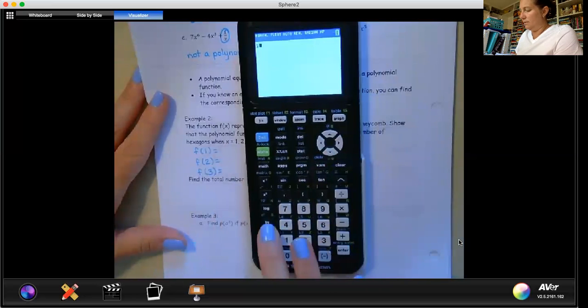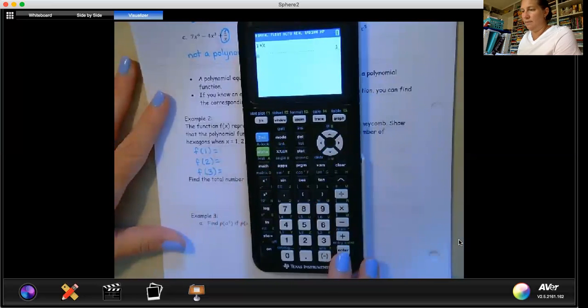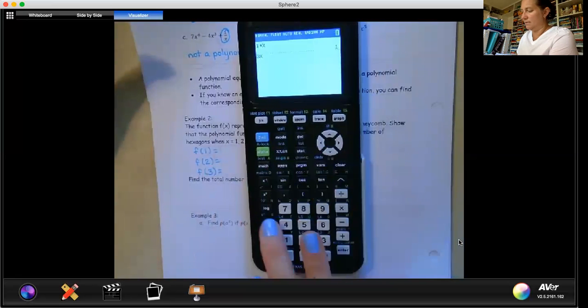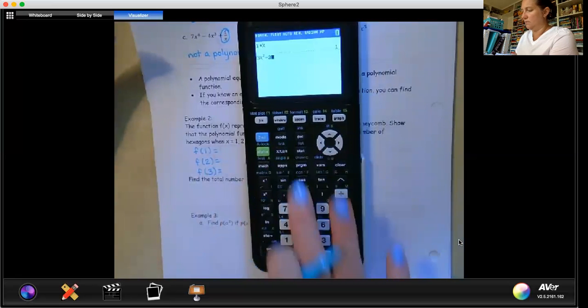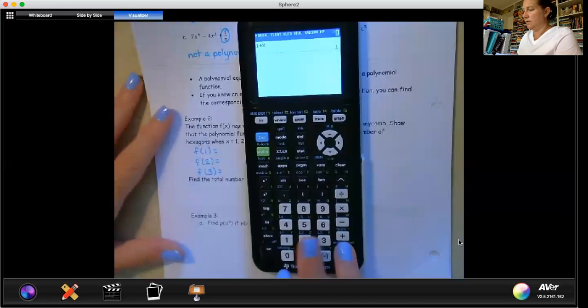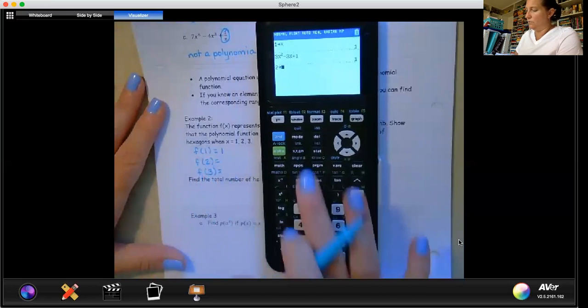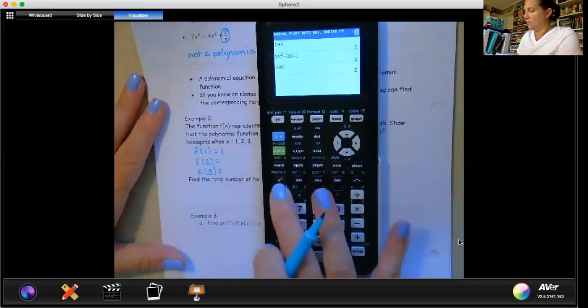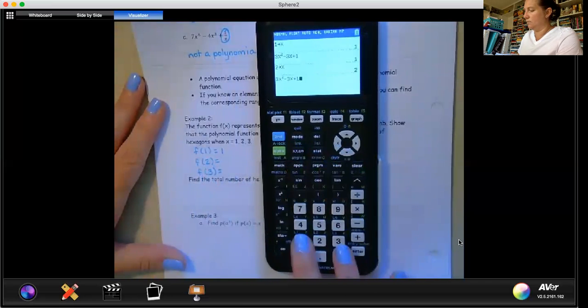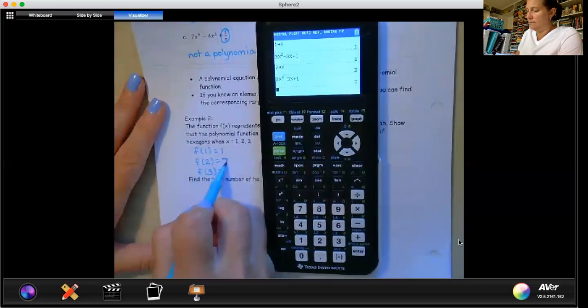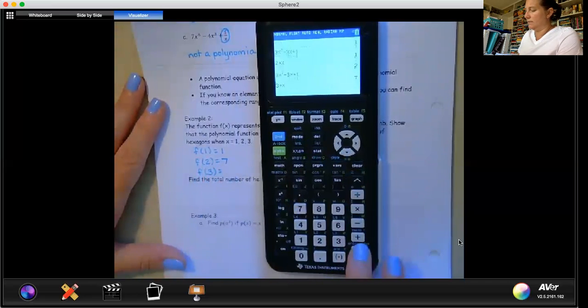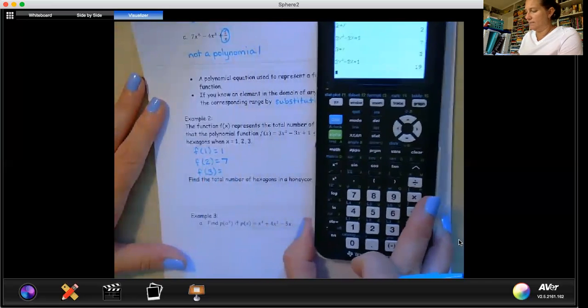So 1, store x, enter, type in your function, 3x squared minus 3x plus 1, and you get 1. 2, store x, 3x squared minus 3x plus 1, and you get 7. 3, store x, 3x squared minus 3x plus 1, and you get 19.